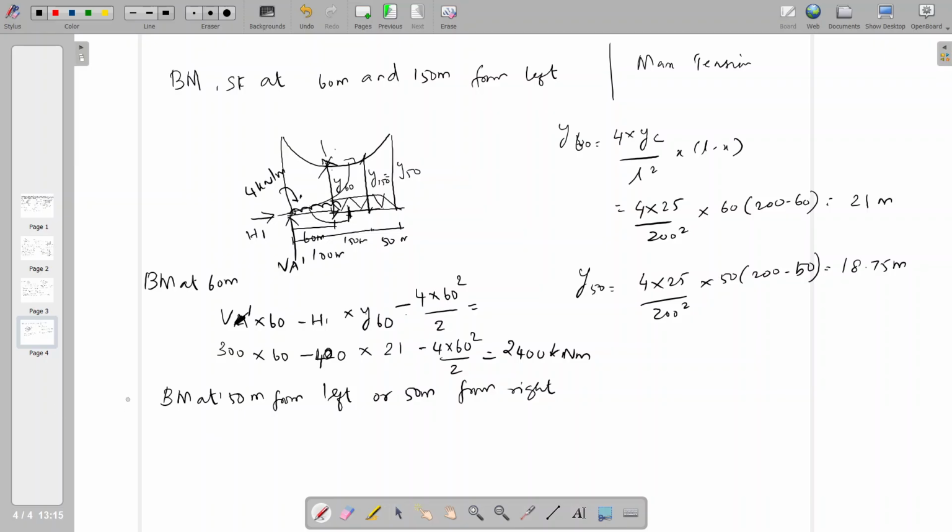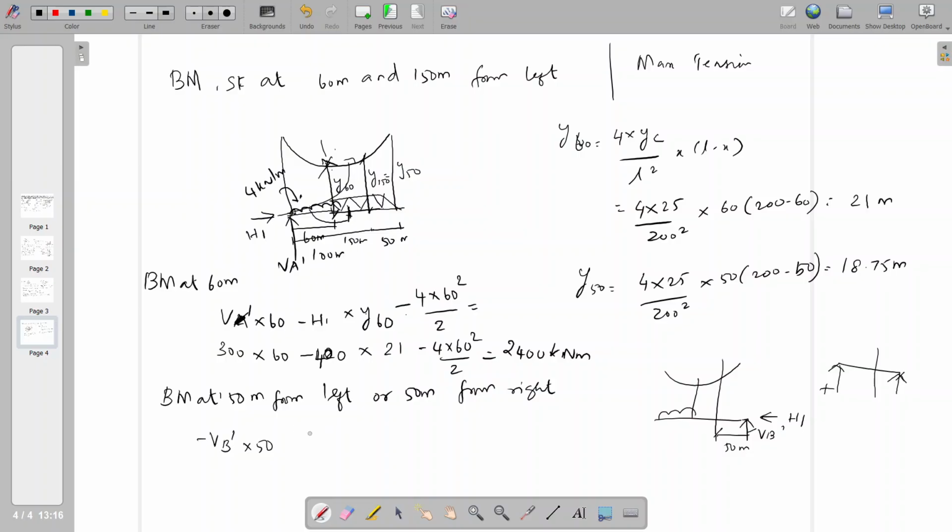So I am going to consider from this right side. On the right side, we don't have any live load. We have only VB dash, the Y distance at 50 meter, and H1. I am considering VA dash in this direction as positive, so automatically VB dash is in the negative direction.